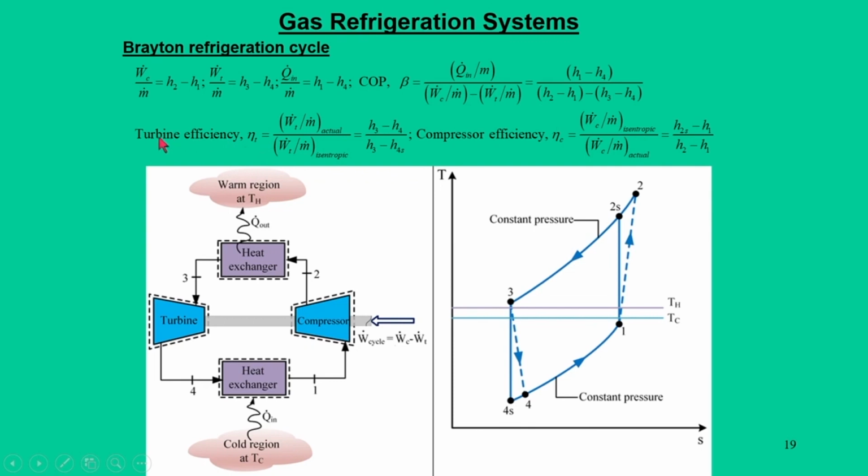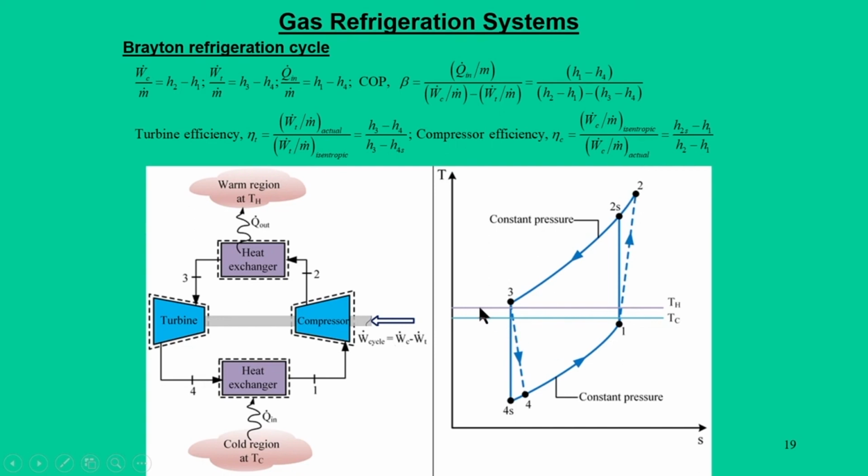For instance, turbine efficiency is the actual turbine work to the isentropic work, and from this diagram we can calculate the isentropic efficiency of the turbine as H3 minus H4 divided by H3 minus H4s, and for the compressor, the isentropic efficiency is H2s minus H1 divided by H2 minus H1.